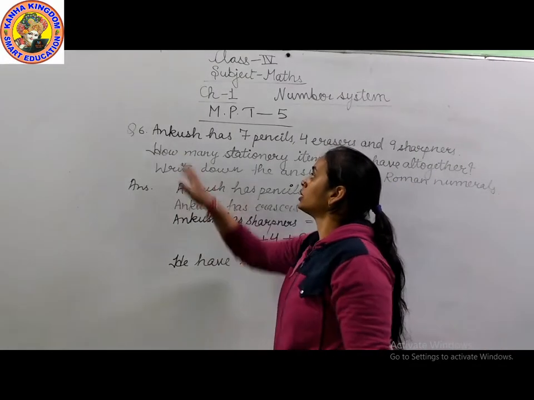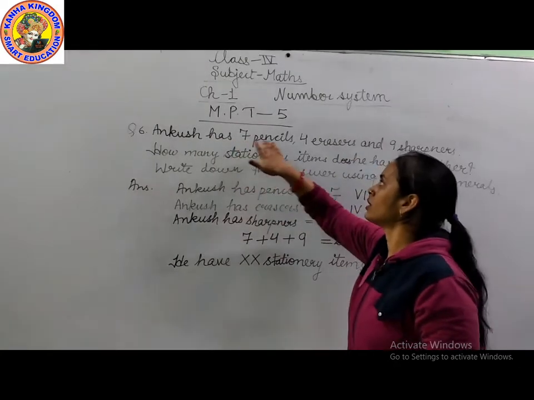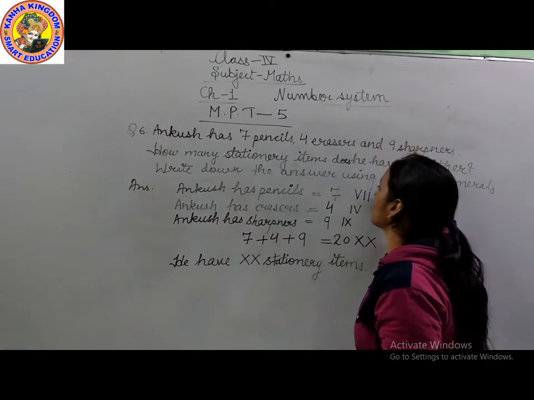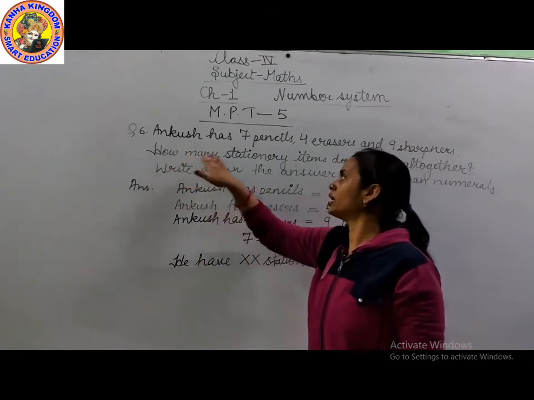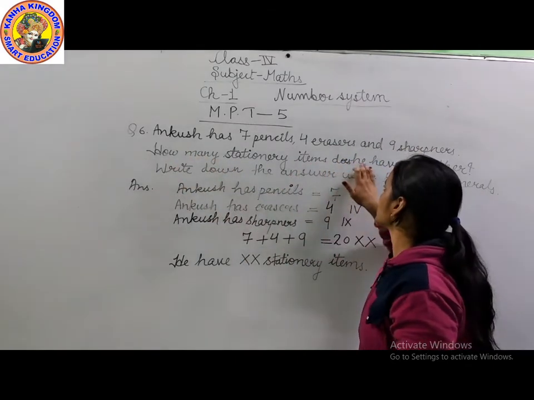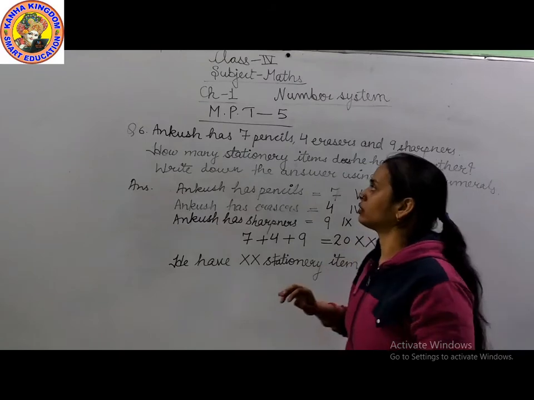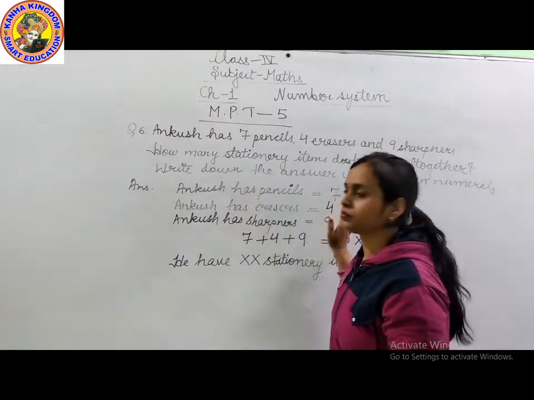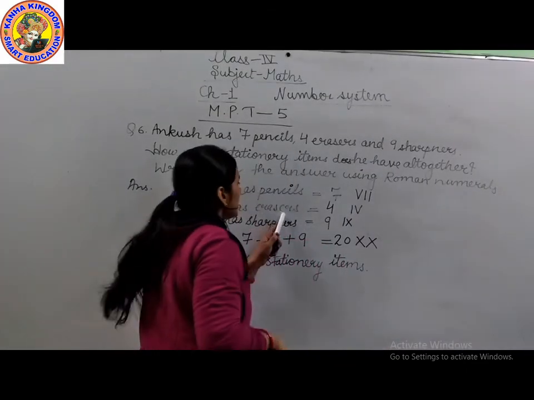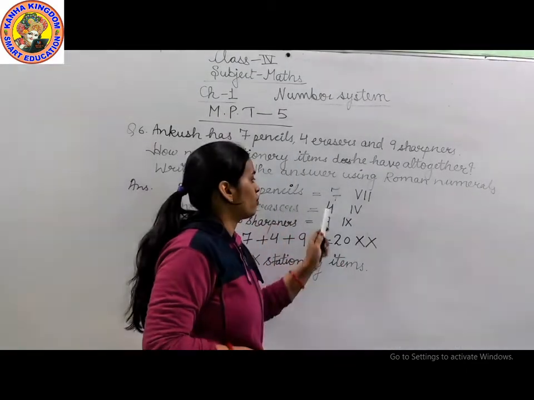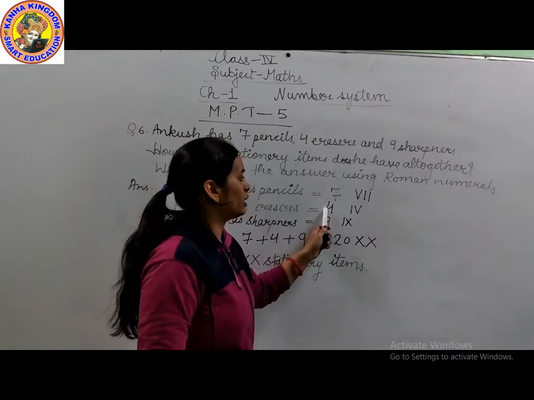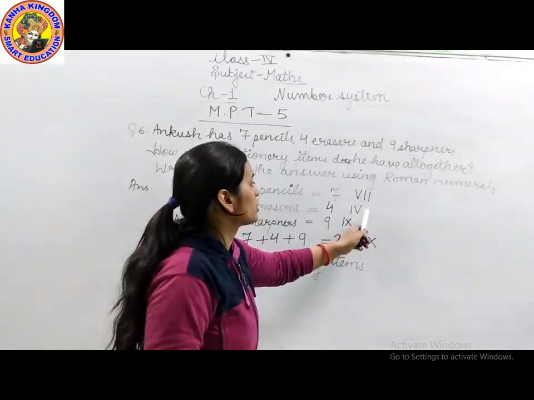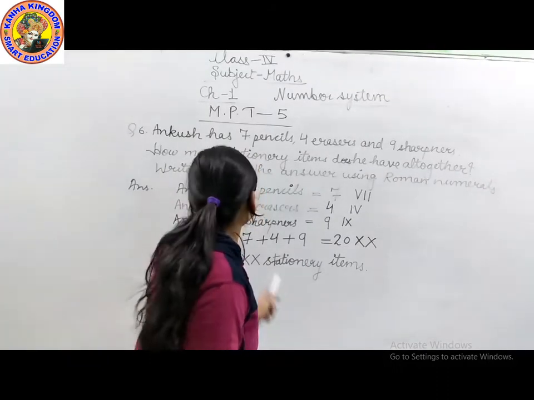Question is, Ankush has 7 pencils, 4 erasers and 9 sharpeners. How many stationary items does he have altogether? So he has pencils 7. Ankush has erasers 4. We write here in numbers, and next we write the numbers in Roman numerals.